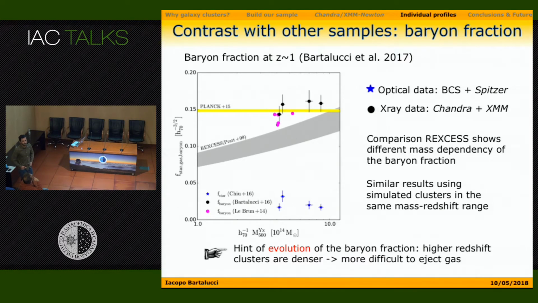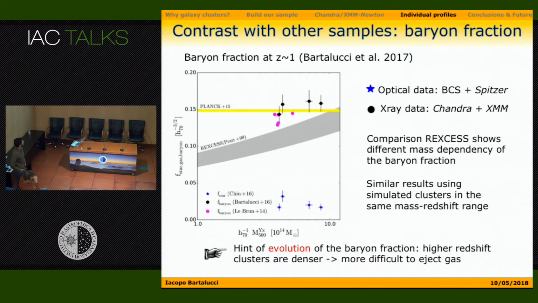Okay, so two things, or at least two things. The first one is why you get baryon fractions that are smaller than the cosmic baryon fraction. What is the mechanism that is getting rid of the baryons that you have in the clusters?